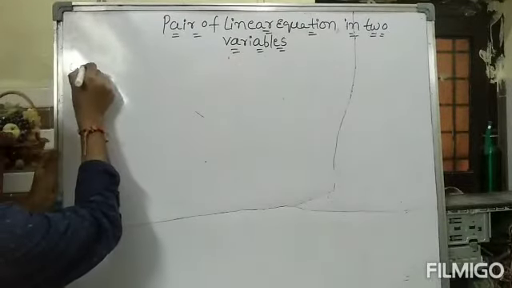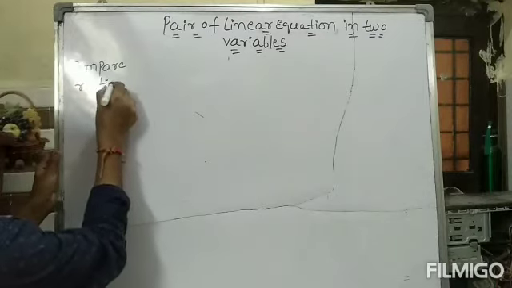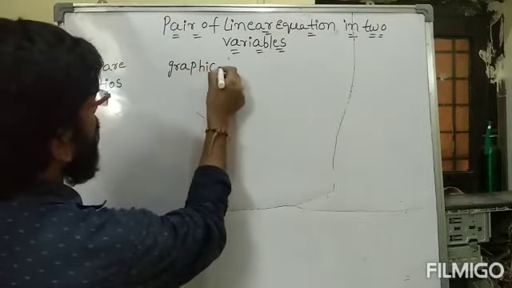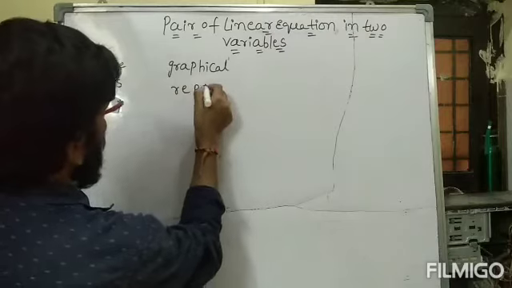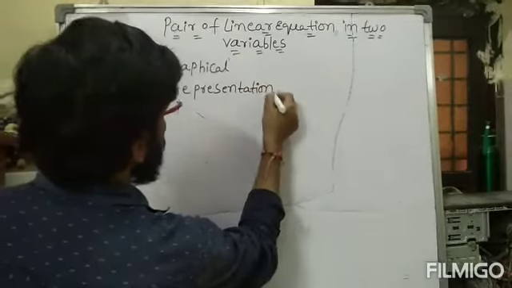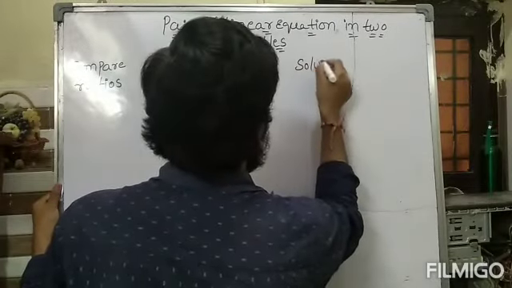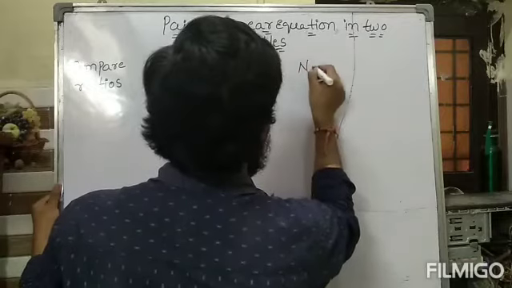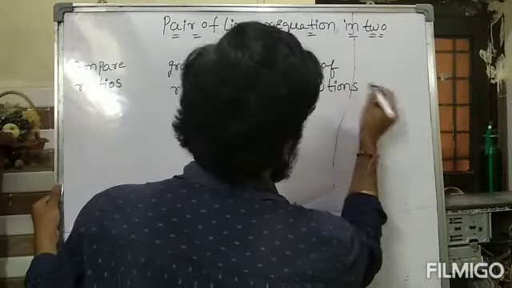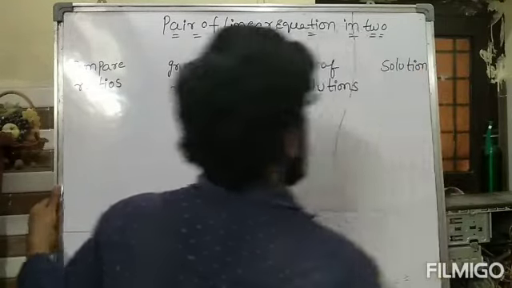That is compare ratios. Next, graphical representation, number of solutions and solution.